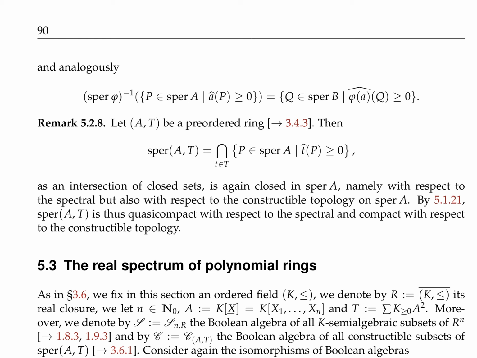So we are using now that the real spectrum of A_T is closed in the real spectrum of A with respect to the constructible topology. That's what we use now.